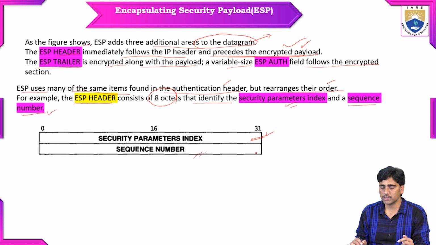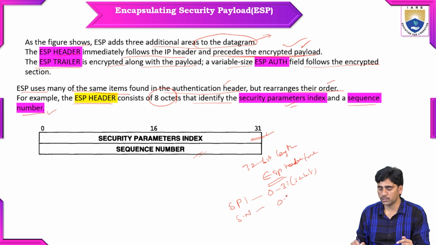This is the 32-bit length ESP header format. In this format, the security parameters index, SPI, is bits 0 to 31, that is 32 bits. Similarly, the sequence number is also 0 to 31, also 32-bit length.